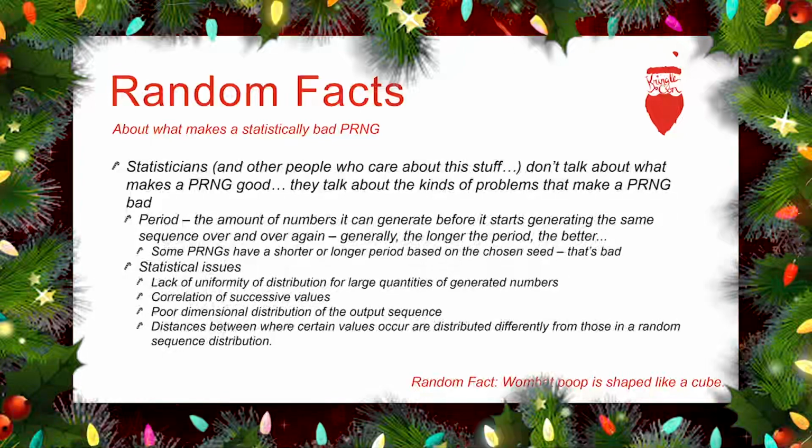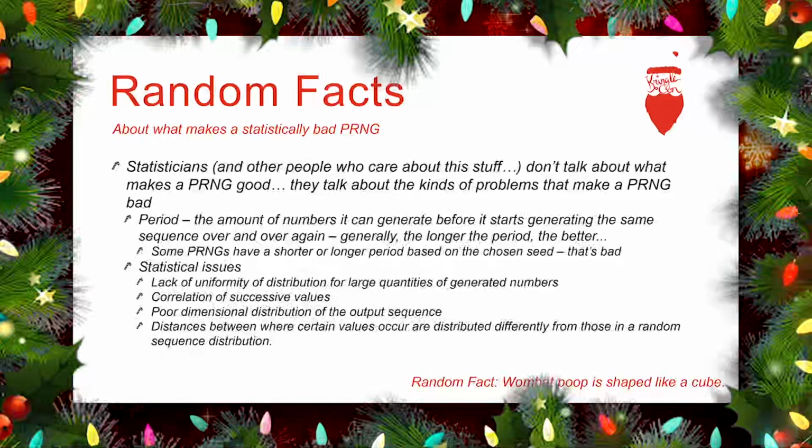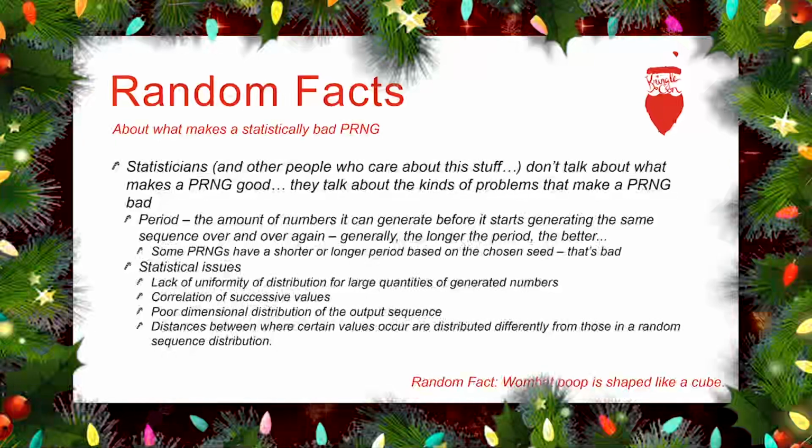You don't want successive values to be correlated in any way. Meaning, if it generates the number 7, you don't want it to always generate the number 12 after that. Or you don't want it to always generate a small number, then a big number, then a small number, then a big number. All of these things play into what makes a pseudo-random number generator good.